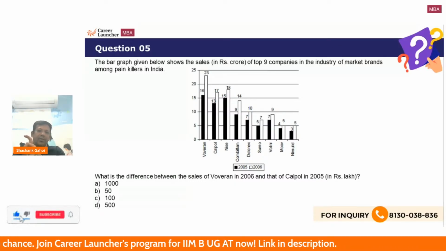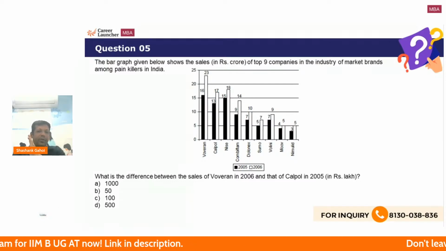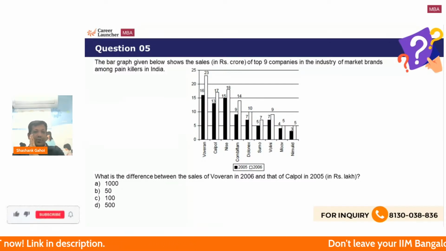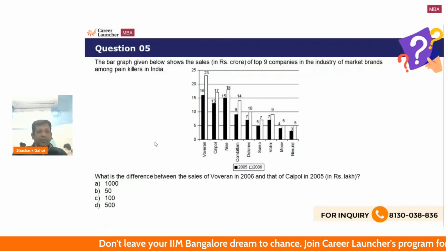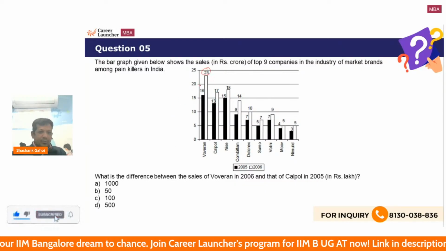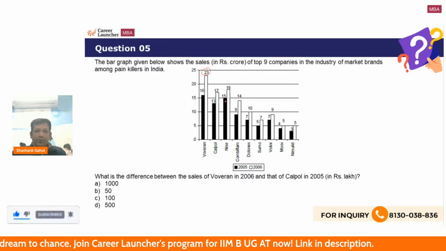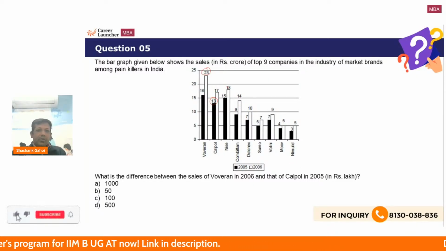The white bar is giving you information about 2006. Wolverine in 2006, it means for Wolverine, I have to look for the white one. So what is it that I am going to get? That is 23. Calpol, I am going to look for the black one because it is in 2005. So what is the difference? Difference comes out to be 10.